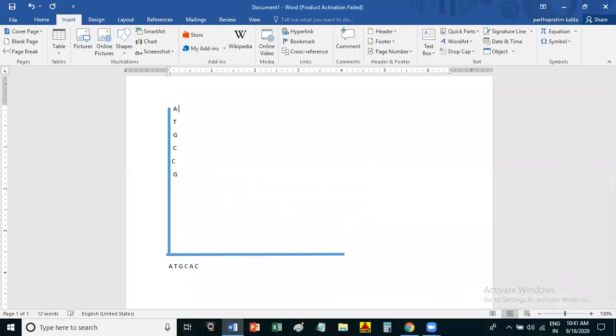I'll name this your query, that will be named as Q. This is a sequence I will name your subject or result, S. The query is your sequence, and the subject is the sequence from your database.